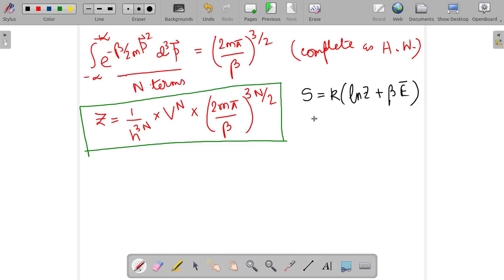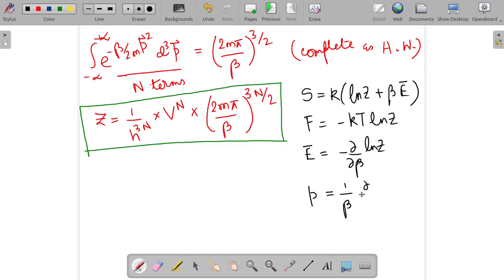Next, the free energy F equal to minus kT log Z, and we need the average energy, which is minus del beta of log Z, and also we need the thermodynamic equation, which is P bar equal to 1 by beta del V of log Z.